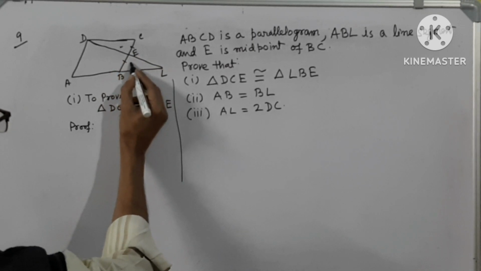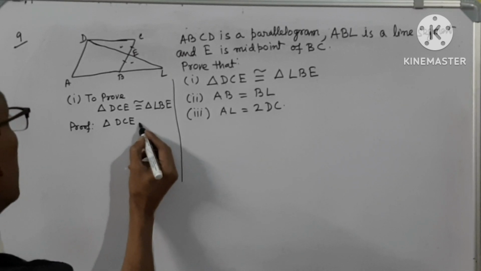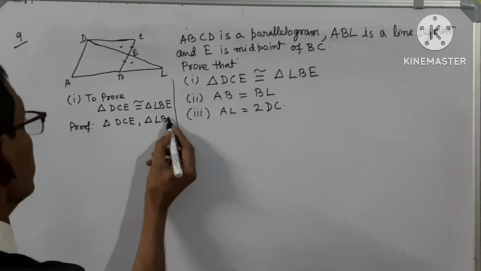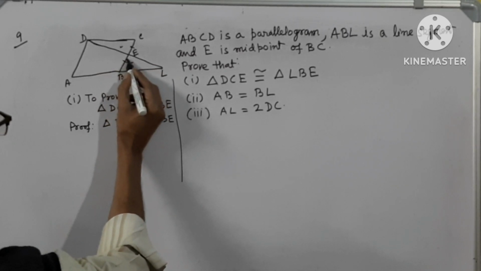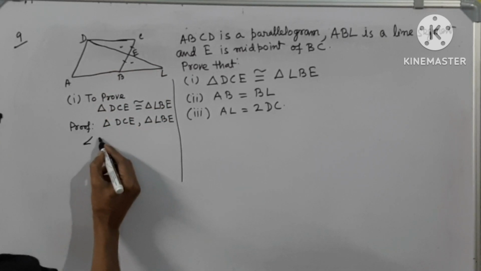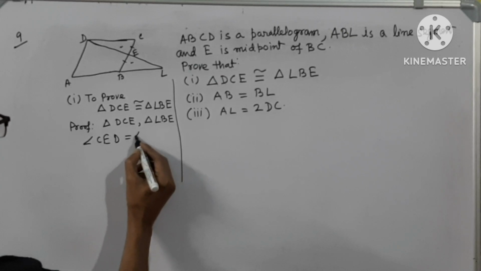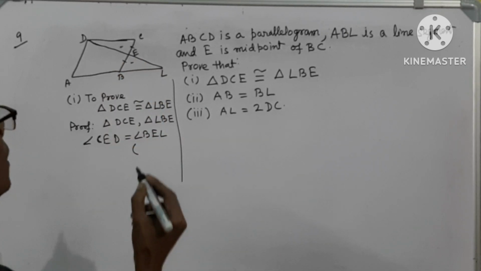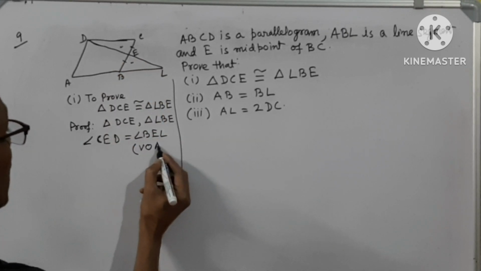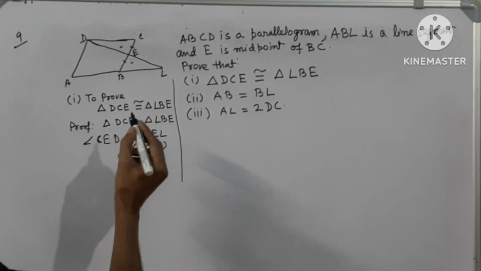Now, in triangle DCE and triangle LBE, one thing is very clear, angle E and angle E. That means angle CED will be equal to angle BEL, because they are vertical opposite angles, a pair of vertical angles, which I have already explained in part number 2 in the earlier video.